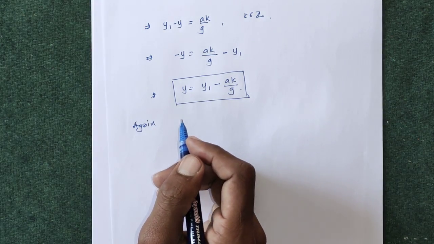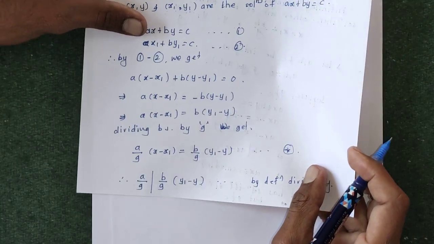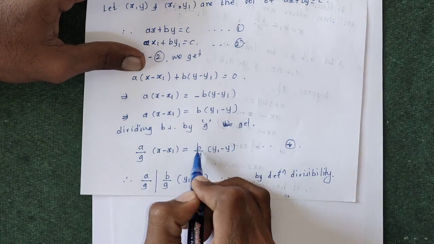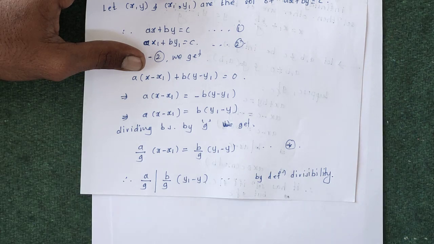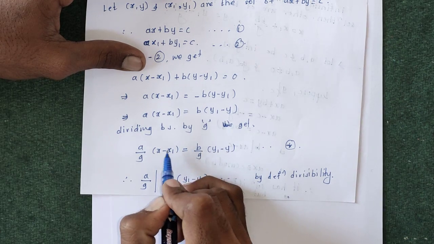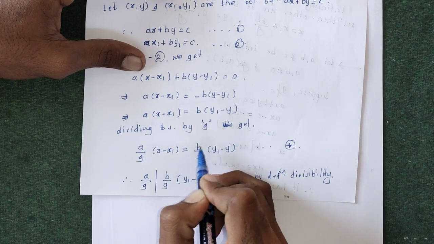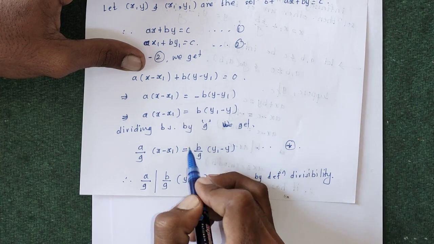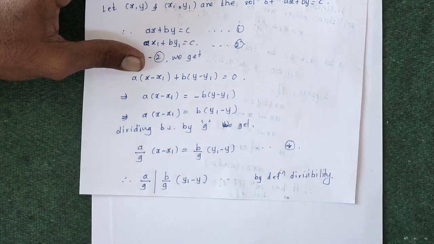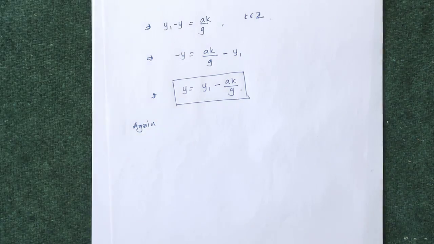Again, in the same equation, that is using the definition of divisibility on equation number star, we can write b upon g divides this whole term. Again the GCD of a upon g and b upon g will become 1. So b upon g divides this term and we will get our required value of x.